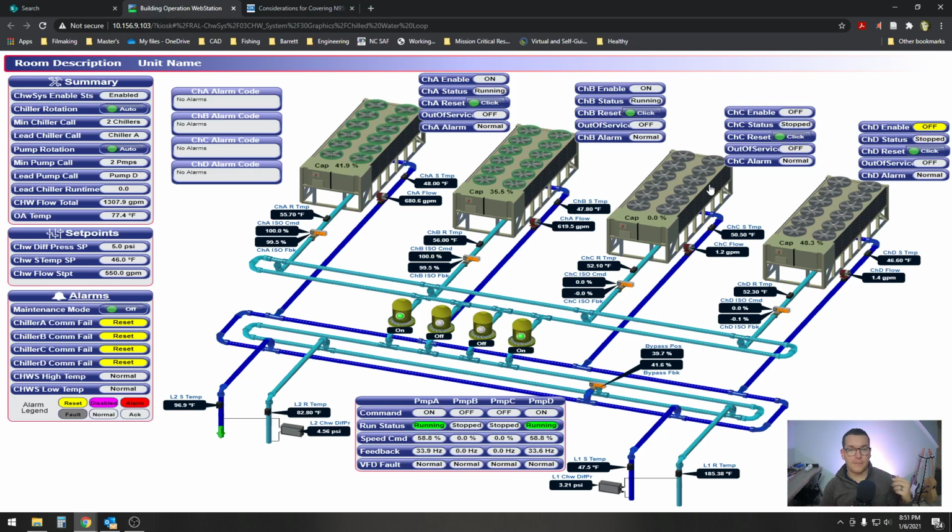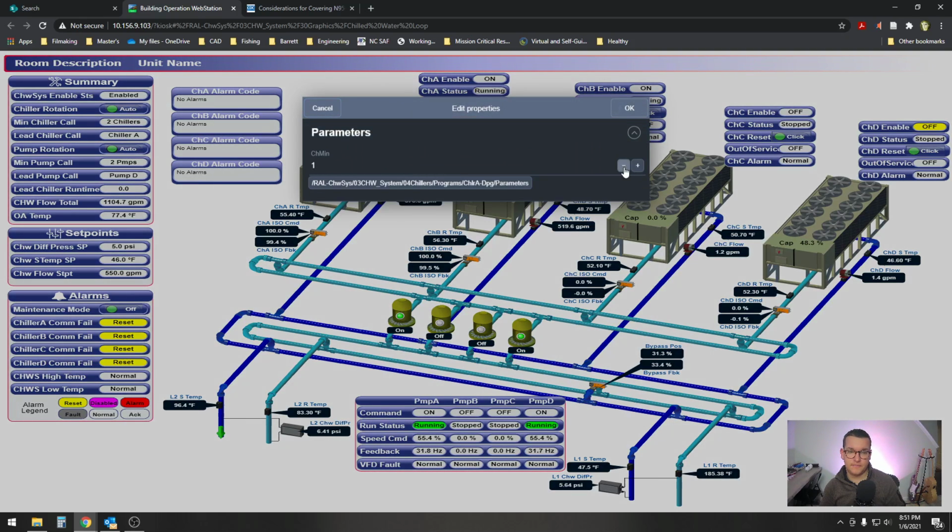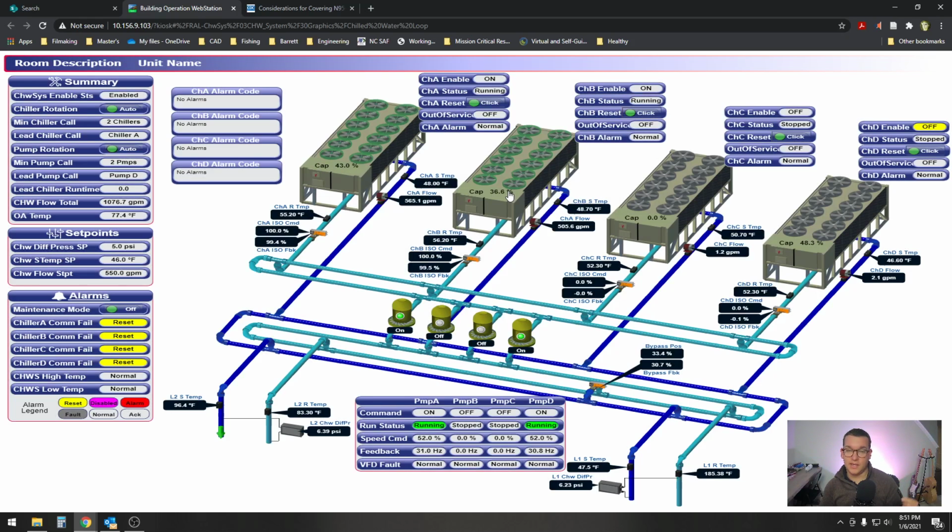So this supply temperature controls how many chillers are running, with the exception of the minimum chiller call. If I tell this system to run at 1, in a few minutes this will actually shut off.